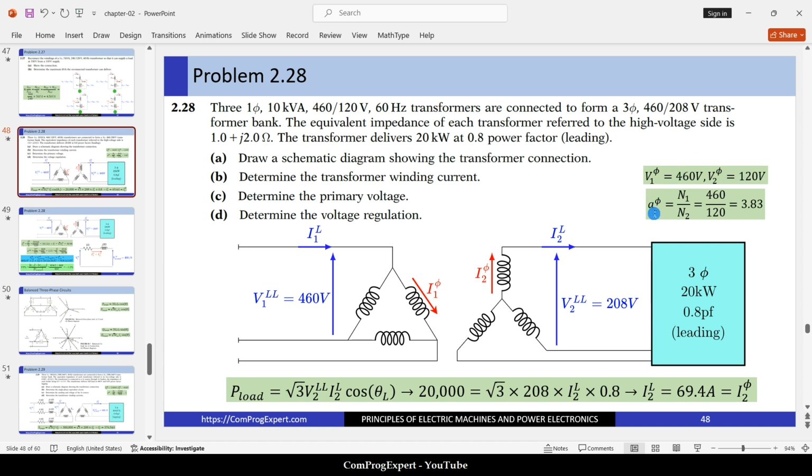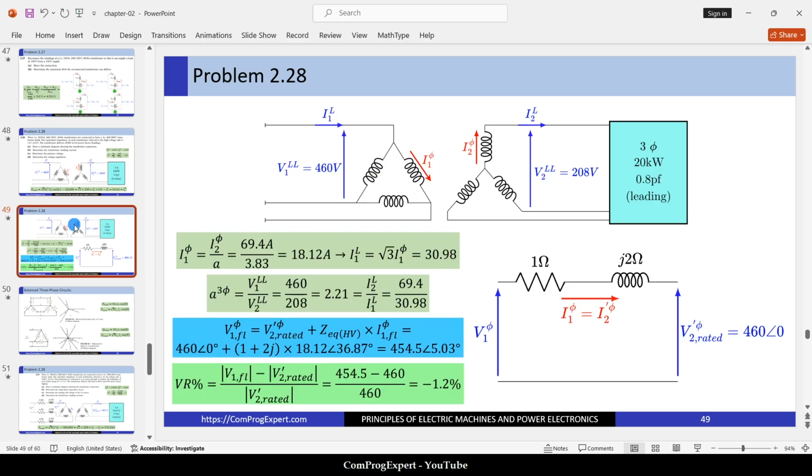Here we have A for the phase, not line-to-line, quantities. So it is N1 divided by N2, that is 460 divided by 120, equal to this number. So here we can calculate I1 phase, that is equal to I2 phase divided by A.